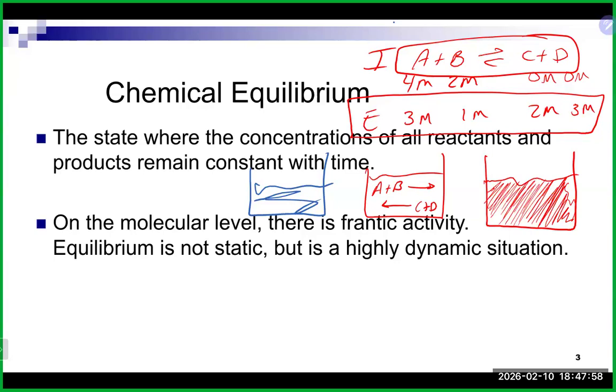And it's able to, by itself, send some things to the product side and get back to a state where the rate of the forward reaction and the rate of the reverse reaction will once again equal each other.